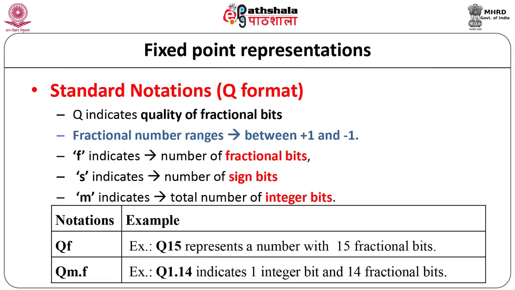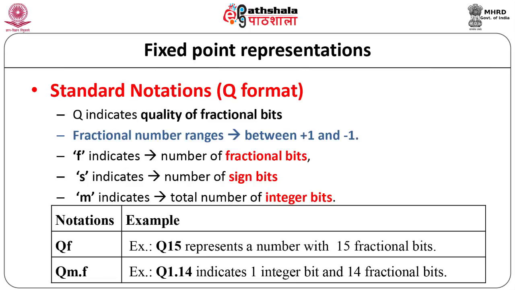The QF notation provides an ambiguous representation because it does not specify the word length. However, in many digital systems, the word length is either 16 or 32 bit. The QM.F is an unambiguous notation because the entire word is in 2's complement integer format and the sign bit is implied.